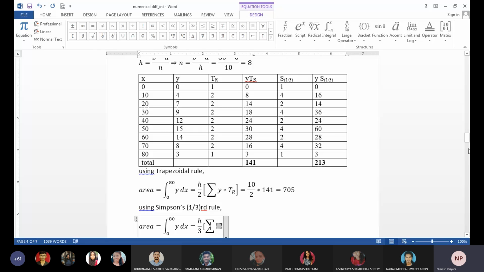And then Simpson's 1/3. 1/3 का फॉर्मूला इज h/3 summation of y into s1/3. ओके, सिम्पसन्स 1/3 का फॉर्मूला इज h/3 summation of y 1/3. तो 10/3 multiplied by 213. तो कितना आएगा ये 710. 710 is the answer which I get.